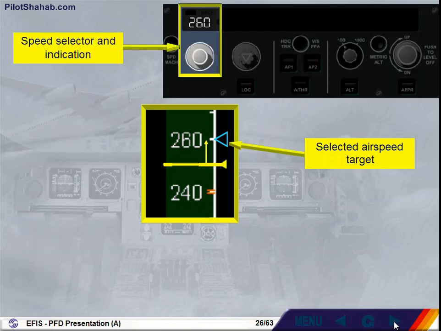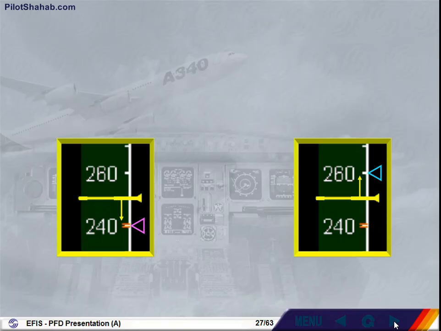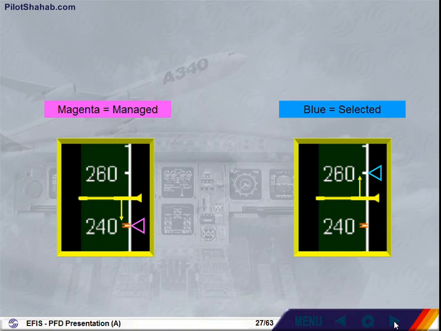Manual speed selection is achieved by a rotary selector on the FCU panel. Just above the selector is the indication of the selected speed. As a general rule on the PFD, a magenta indication means managed, and a blue indication means selected.